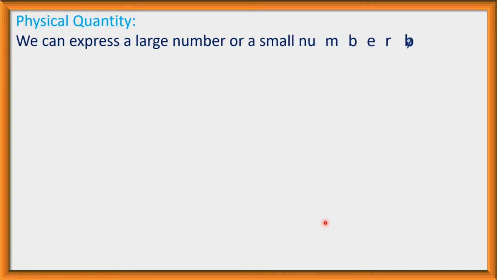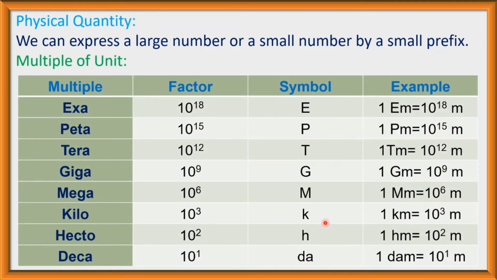We can express a large number or a small number by a small prefix, multiple of unit. Here, multiple of unit 10 to the power 1. For 10 to the power 1, we can use deca.